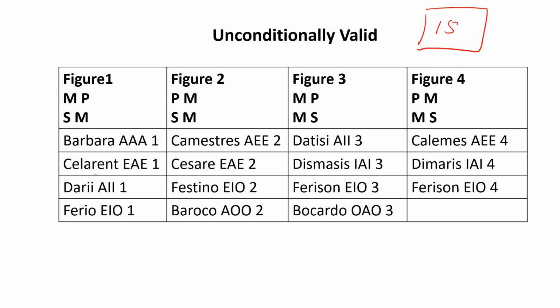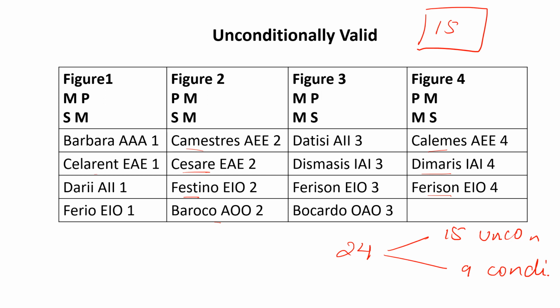So total you have 24 valid syllogistic forms, of which 15 are unconditionally valid and 9 are conditionally valid. Okay. So Barbara, Celarent, Darii, Ferio, Cesare, Camestres, Festino, Baroco, Datisi, Disamis, Ferison, Bocardo, Calemes, Dimatis, Fresison.